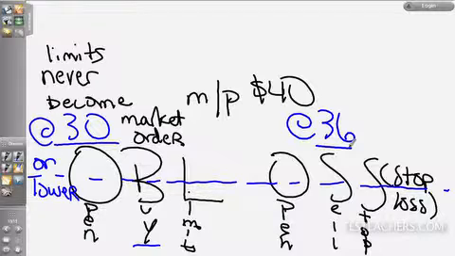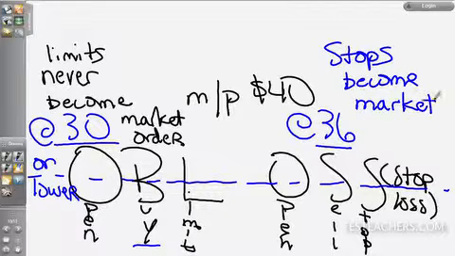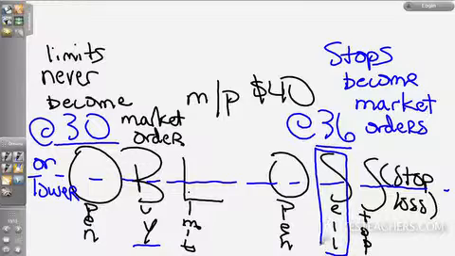What that means is that if the market price should hit 36, the stop becomes a market order. So if this trigger price is hit, stops become market orders, which means that if it gets to 36, the order is now sell.